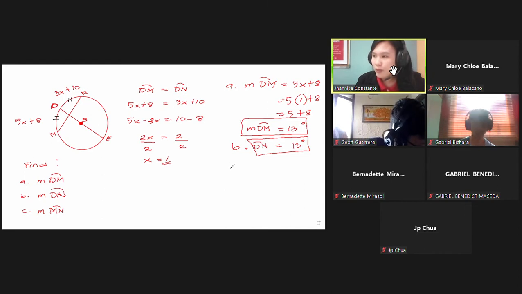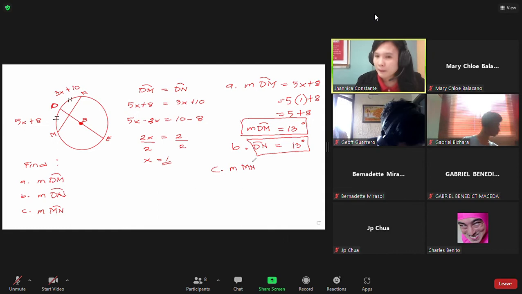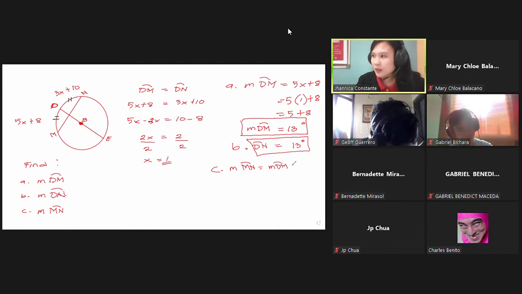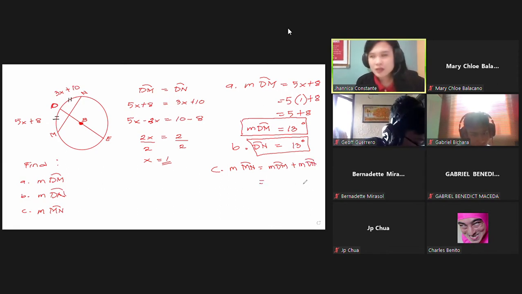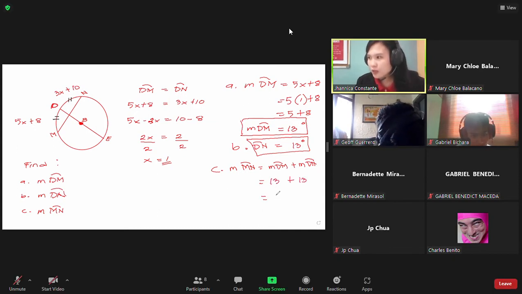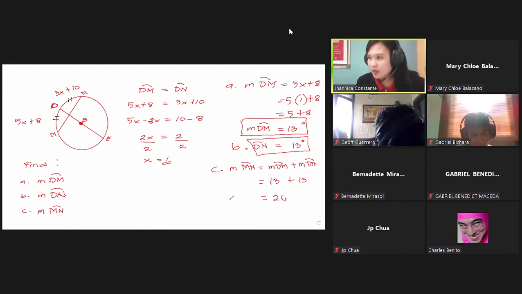So the measurement of the arc MN is equal to the sum of the measurement of arc DM plus the measurement of the arc DN. So DM has a measurement of 13 and DN also has a measurement of 13. So we have 26 degrees as the measurement of our entire minor arc MN.